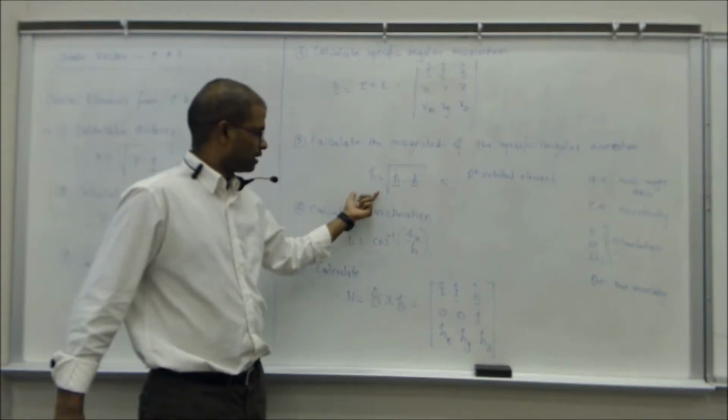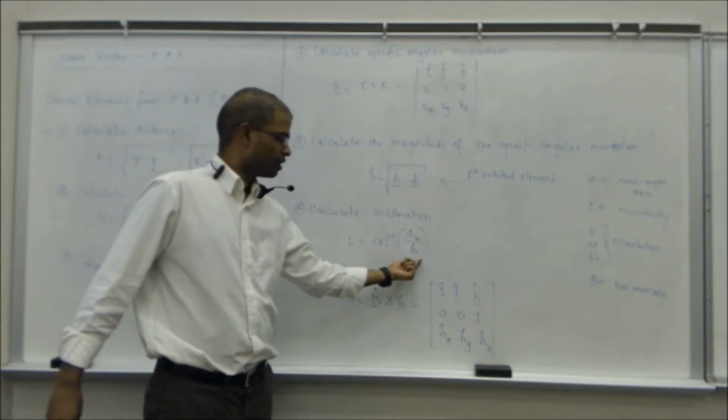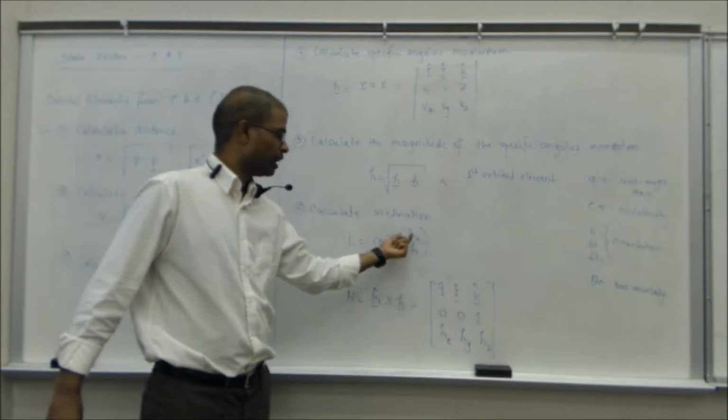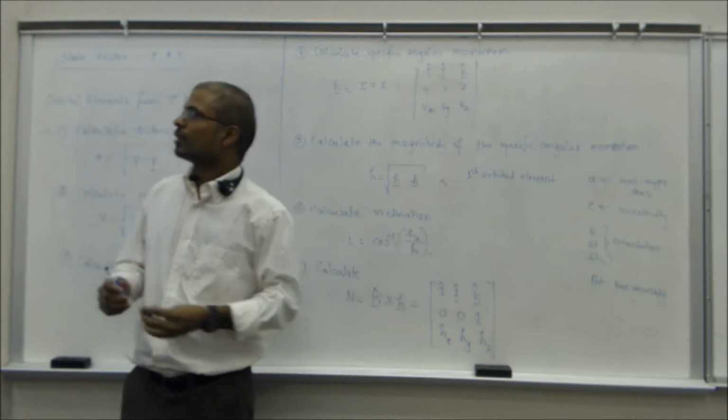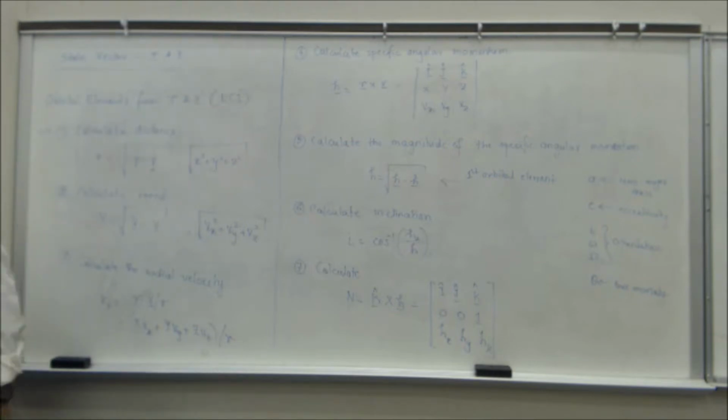All right. H, and you see hz. If you resolve the h vector in the ECI frame, it will have a component in the X direction, Y direction, and Z direction. i is defined as the angle between this Z and this h, right?